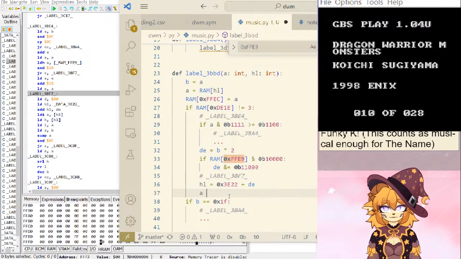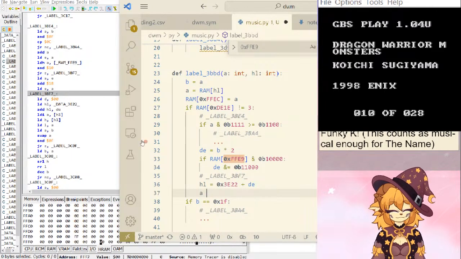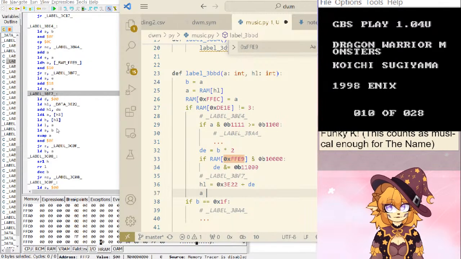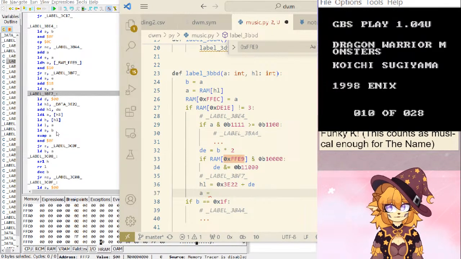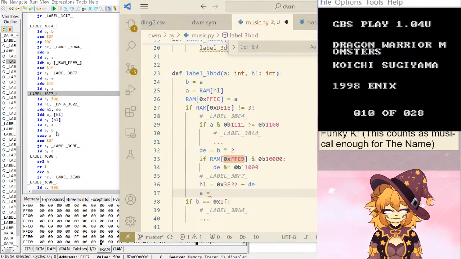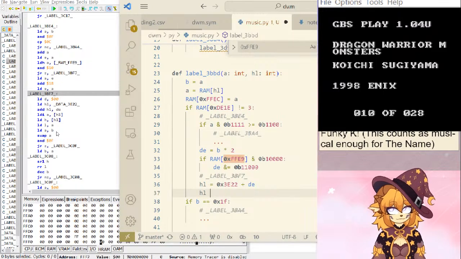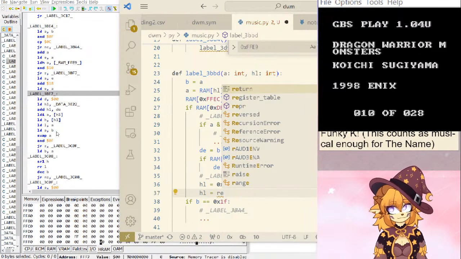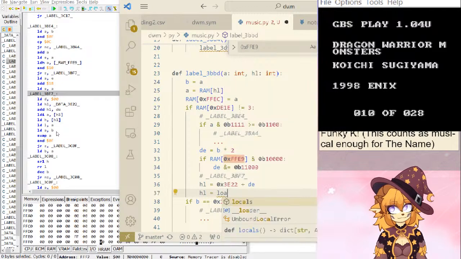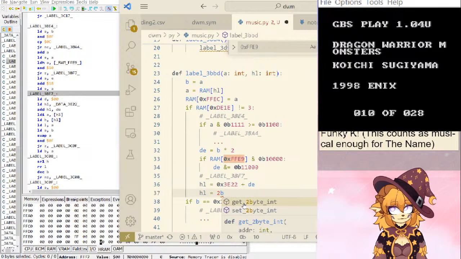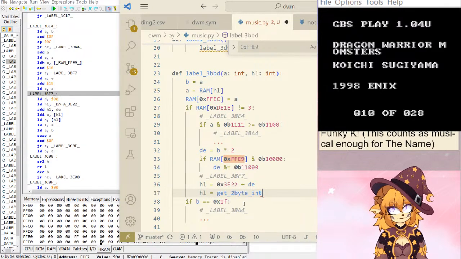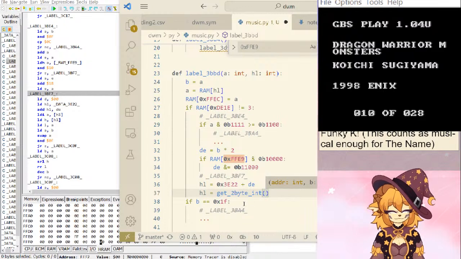I want to know that D was clobbered. Equals, oh, I see. HL equals, what's it? That's it. Address HL.